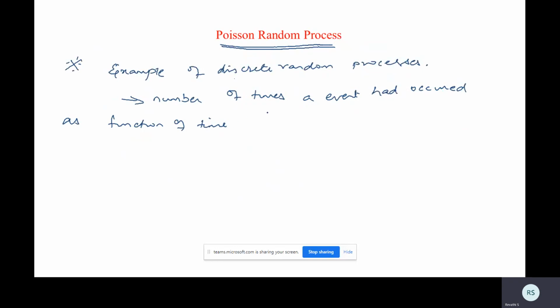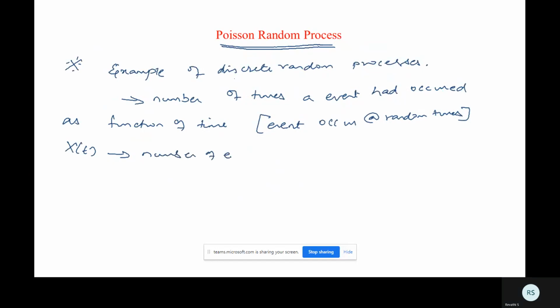Okay, so this event will occur at random times. Please remember, we are talking about the event. This event will occur at a random time. Now what you need to understand is, if you have X of t, this is going to count the number of event occurrences with time.